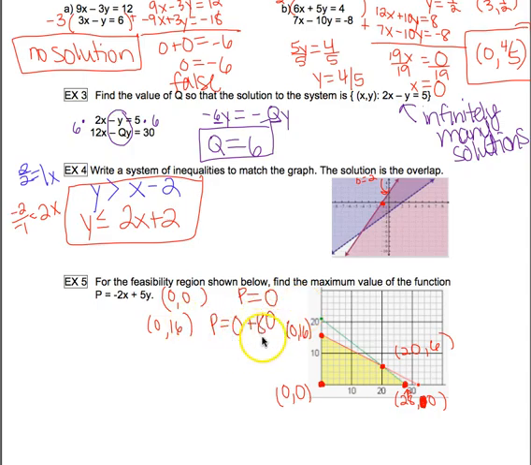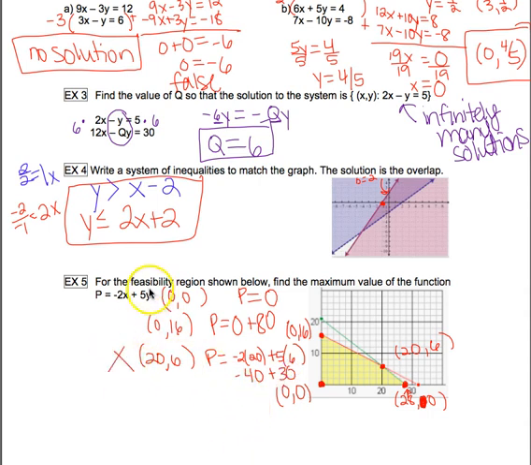So in this case, P would be 80. Now I do the same with 20, 6. X is 20, so -2 times 20 plus 5 times 6. That would give me -40 plus 30, which is -10.